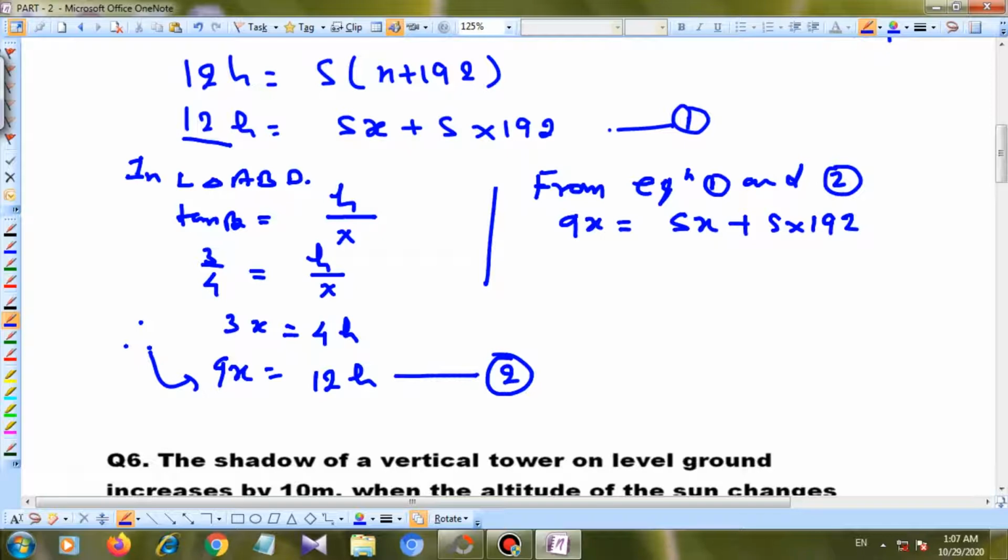So this is 4x equal to 5 into 192. So the value of x is 5 into 48, when you multiply it.